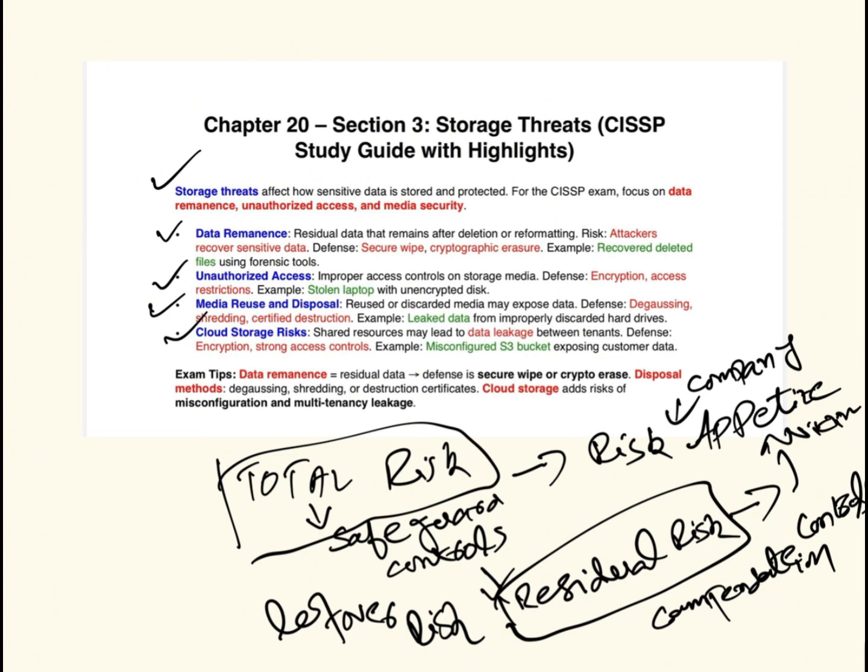Stolen unencrypted laptop: defenses are encryption and access control. Sold used HDDs: degaussing, shredding, and certified disposal. Open S3 bucket: encryption, IAM, and audits. These are the defenses, right?